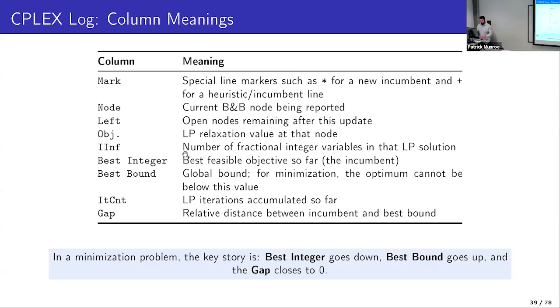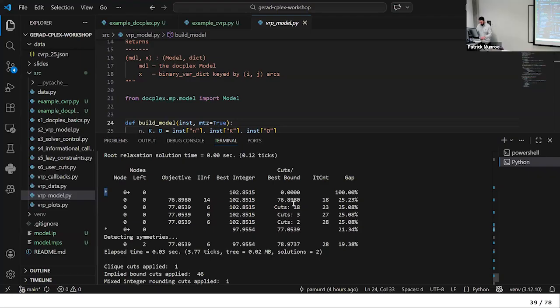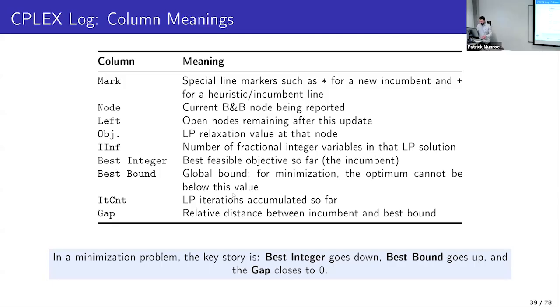If you're at the root node, it will most likely be the same as the best bound. That's why you see the same value for the best bound and the objective. But in general, this objective can be different from the best bound because you may be at another node of your branch and bound. And you have the best integer, which is the best solution that it has found so far. In a minimization problem, the best integer goes down, because it is the best solution found so far, and the best bound goes up.